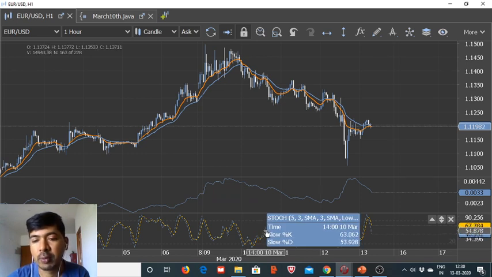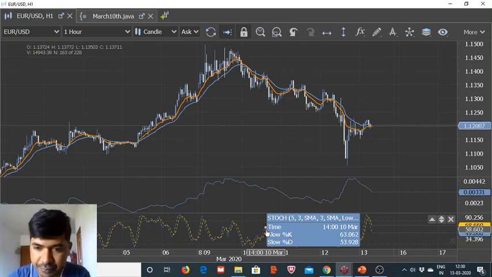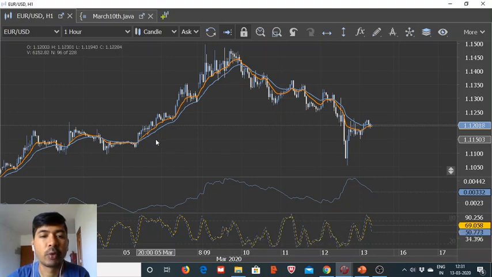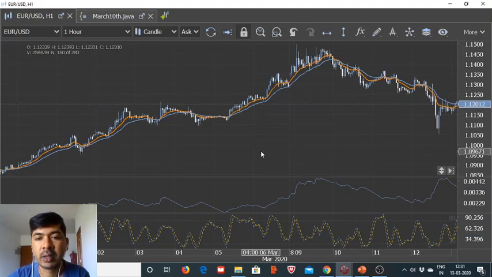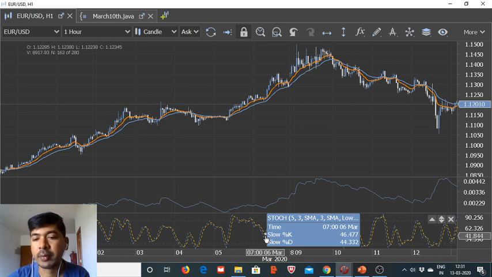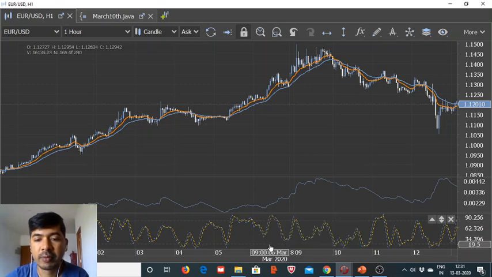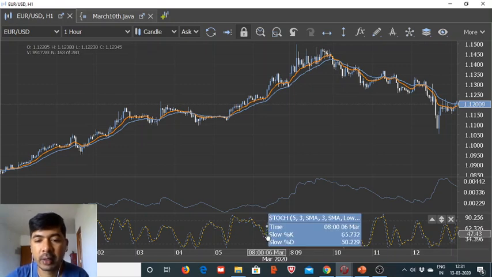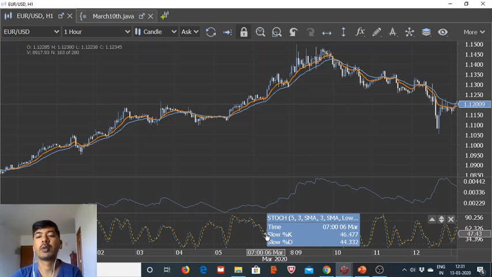So if we are looking for a sell trade, then the stochastic two periods back should have been above 50, both slow K and slow D, and when we are looking for a buy trade, as is the case here, we will need both slow K and slow D to be below 50.